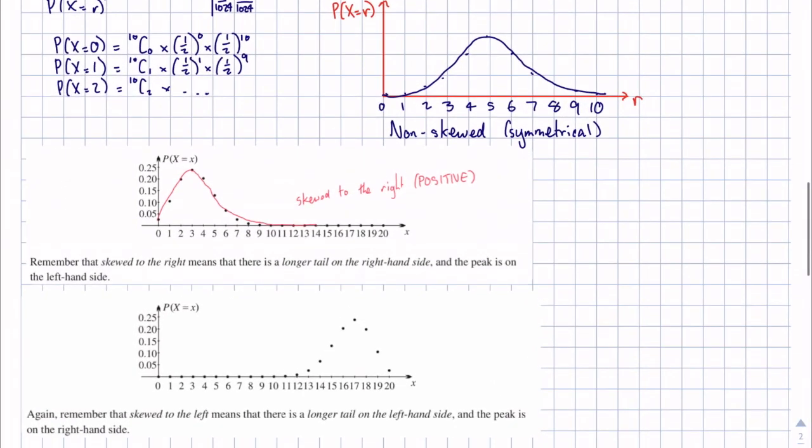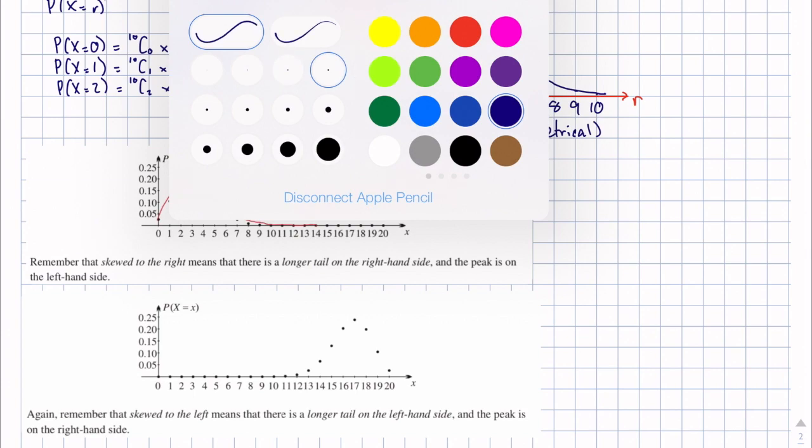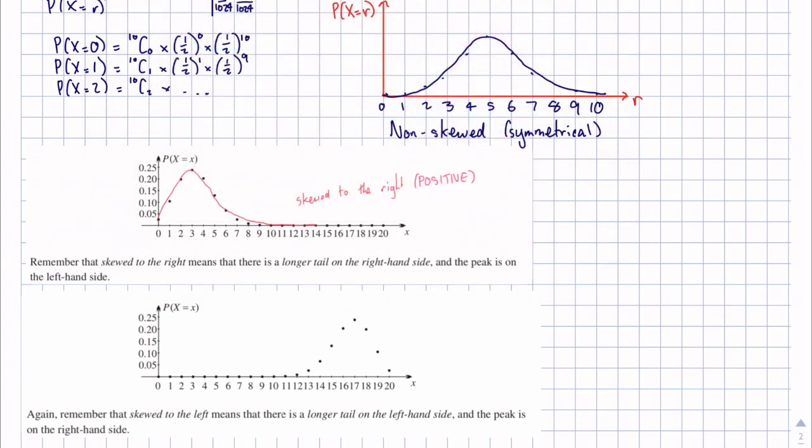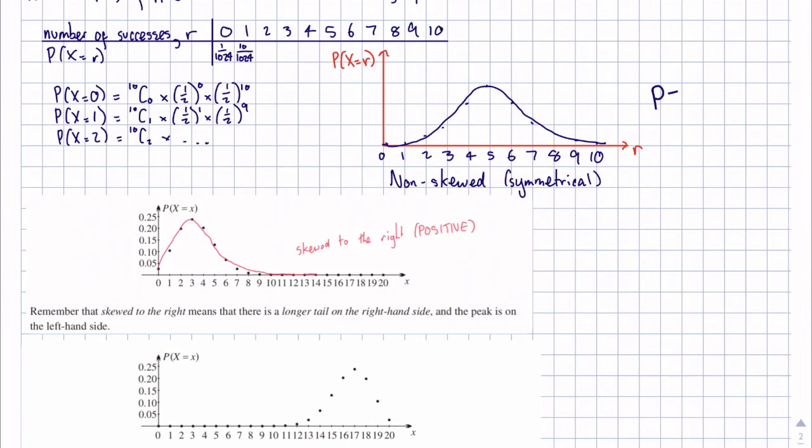One useful thing to know, not necessarily like you have to, but one useful thing to know is that when p equals a half, you're going to get symmetrical. When p is less than a half, you're going to get skewed to the right, which is positive.